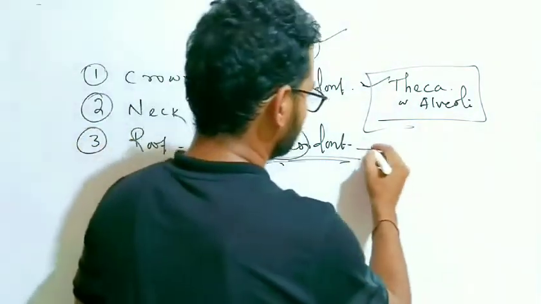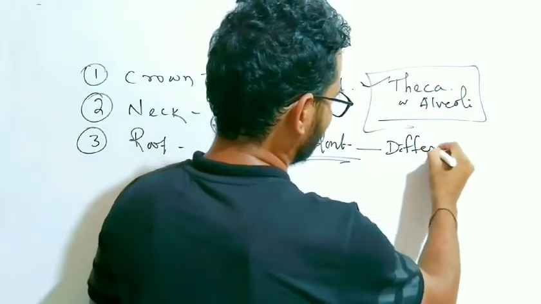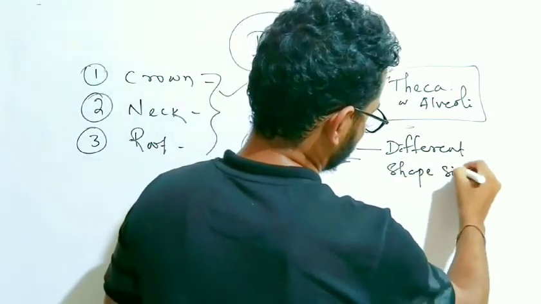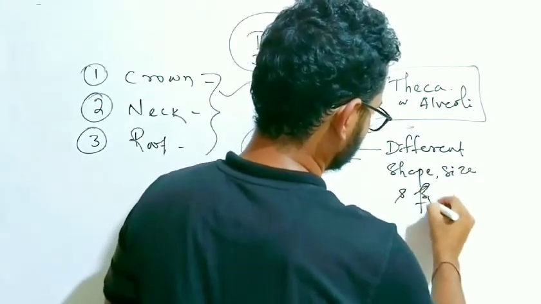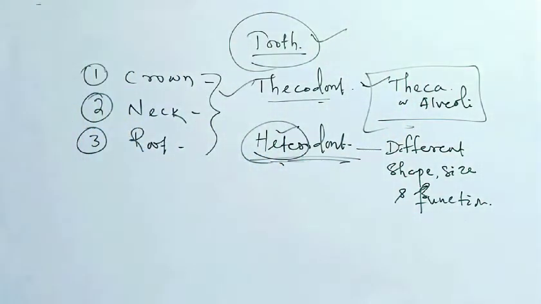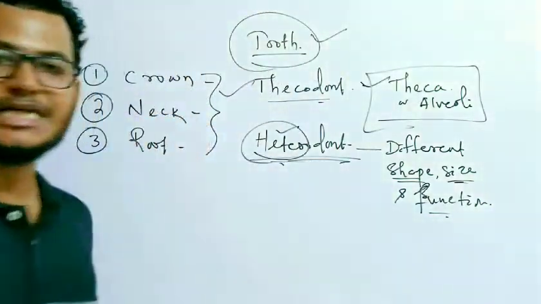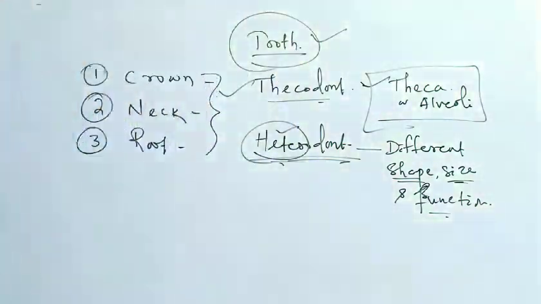So the tooth is called heterodont because of the different shape, size, structure and function. Due to the different types of teeth, the tooth is also called heterodont.